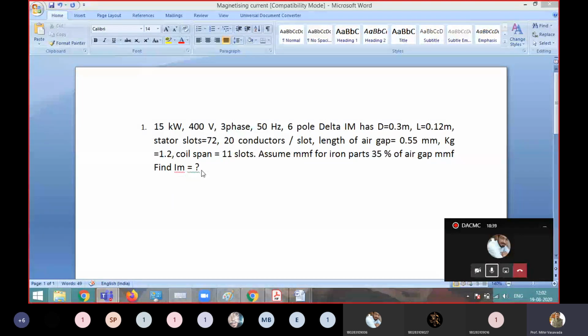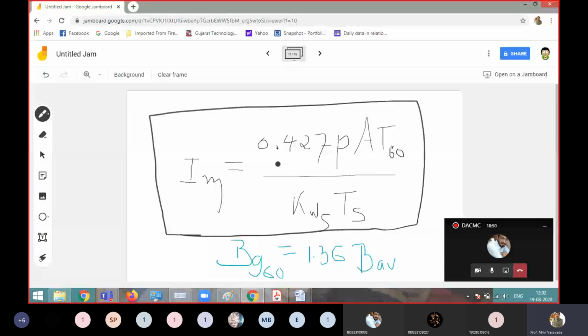So if you remember, the total MMF is the addition of all these. Once you get the air gap MMF, they have said the remaining parts are 35% of it. So we'll add these two, and once we get the totality, we'll put that over here.